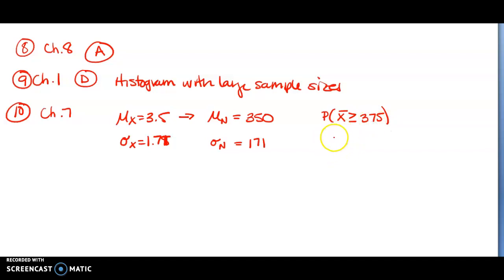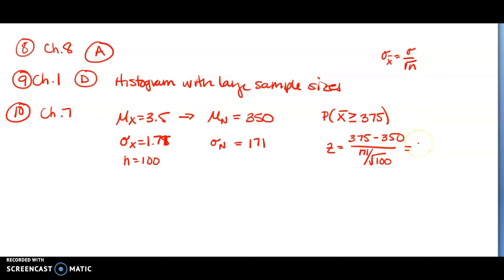And so what we're going to do is really just calculate a z-score. Again, n is 100, n is greater than 30, so we know that it's going to be normal, and you're just going to do 375 minus 350 divided by the standard deviation, which turns out to be 17.1 divided by the square root of 100. We're using the sampling distribution mean of this.